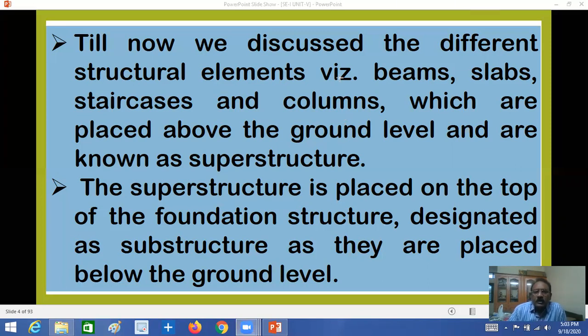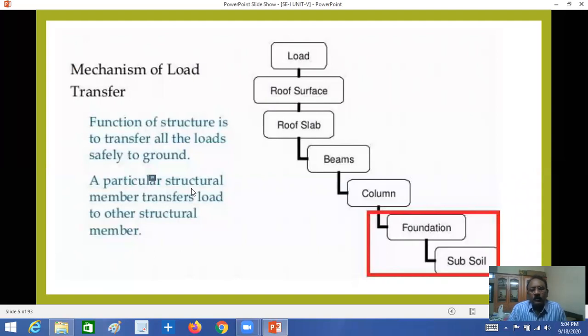In the substructure, the foundation will be there, and depending on the SBC of the soil, the footing, foundation depth, and design of footing we have to design depending upon loads transferred from top to bottom.